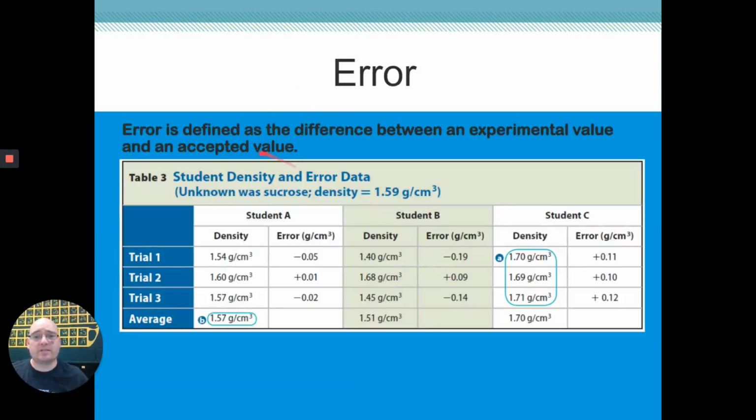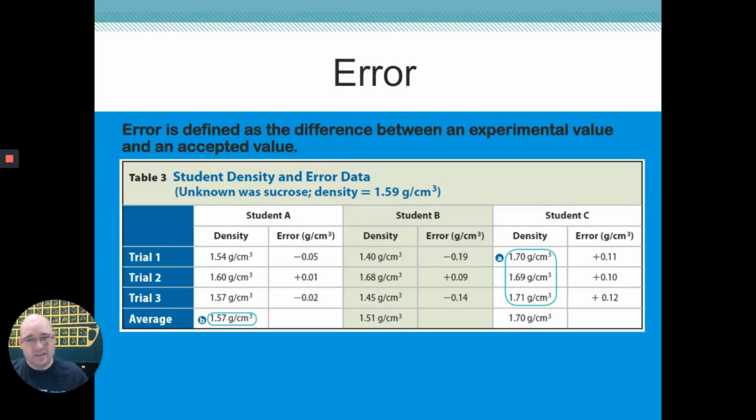Now, error is defined as the difference between an experimental value and an accepted value. And all measurements, everything that we do in science, every measurement we ever take has error. So you're never going to have a perfectly, completely, totally 100% accurate measurement.